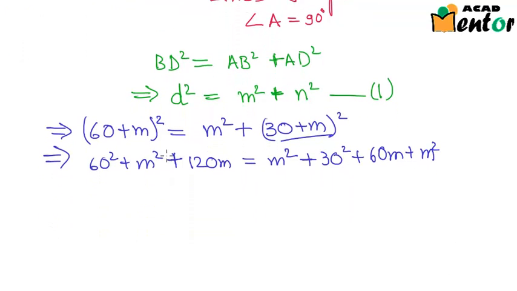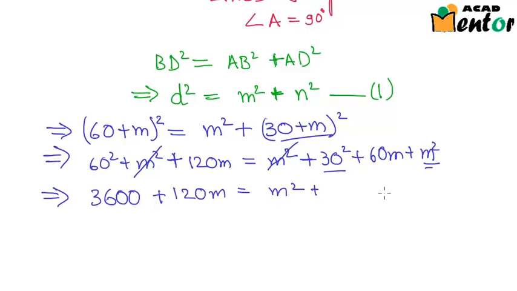Now I see that this M square can be cancelled with this M square, and on simplifying it I will have 3600, that was 60 square, plus 120M is equal to, I have 1 M square here, plus this would be 900 plus 60M.